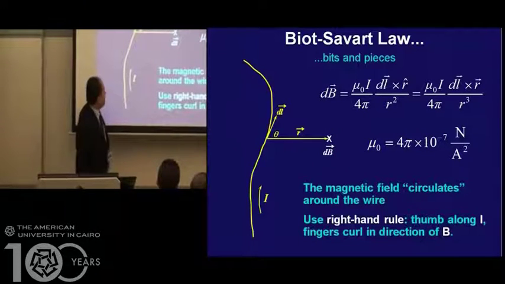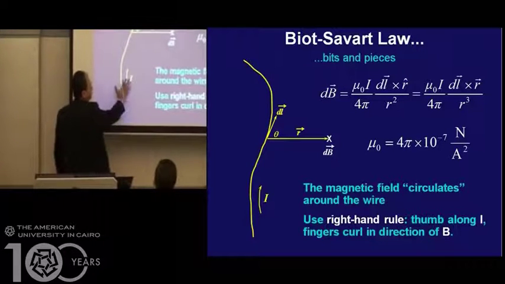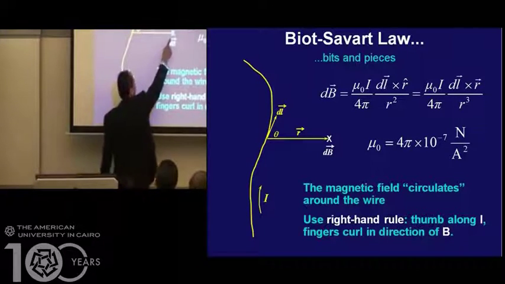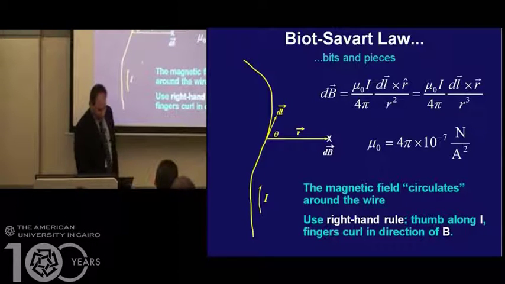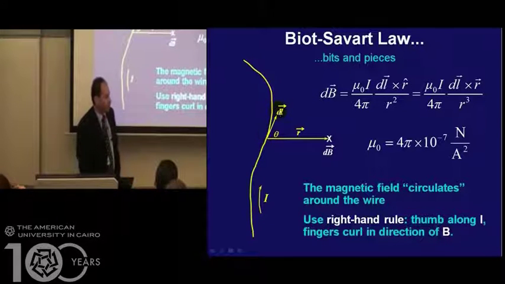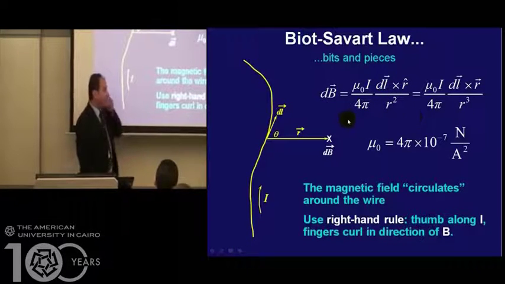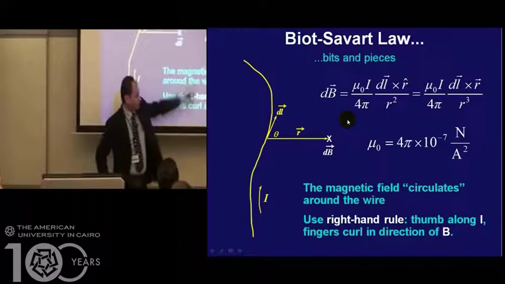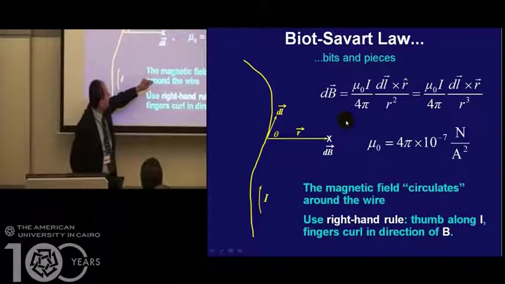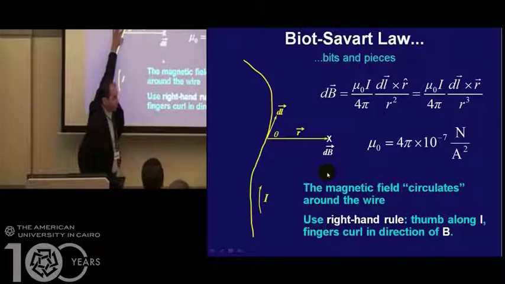So this is a weirdly shaped wire that carries a current I, and we need to find the magnetic field at that point P. I'm going to choose a small length dl of the wire, and if I integrate mu0 I over 4 pi, times dl cross r over r squared, from the beginning of the wire to the end of the wire, I will be able to find the magnetic field at that point P. But dB is only the magnetic field from that small part of the wire, which has a length of dl.